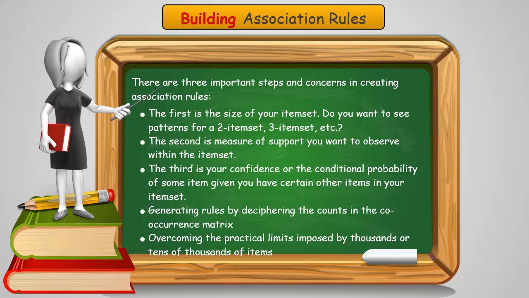And then the third is your confidence, or the conditional probability of some item given certain other items in your item set. Generally, you generate the rules by deciphering the counts in the occurrences matrix and then overcoming the practical limits imposed by the tens of thousands of items that might be available in your grocery store or in your item set.